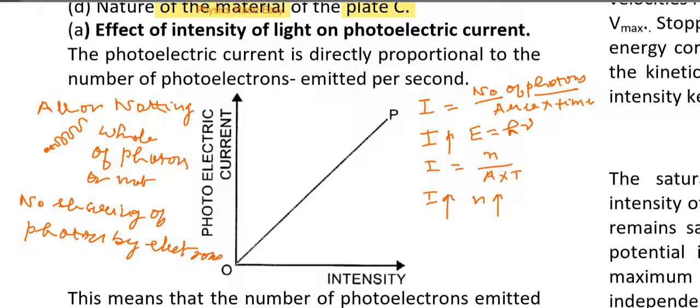So more electrons will be emitted, and more electrons will be collected at the anode. It means the photocurrent will increase. The relationship is linear, described by a line. If we increase the intensity, the photocurrent increases.